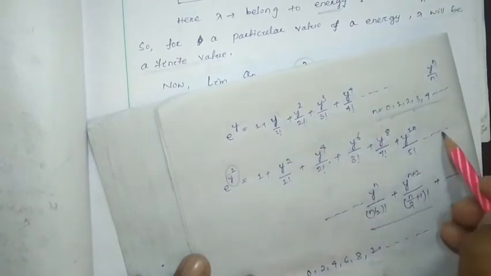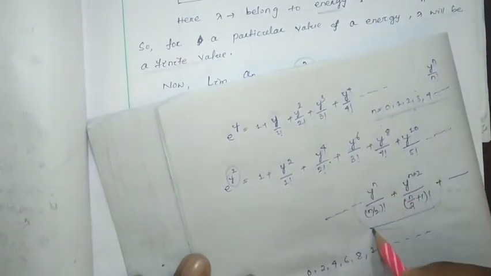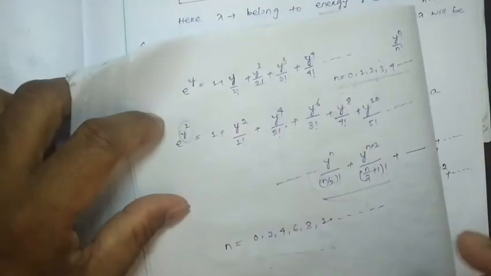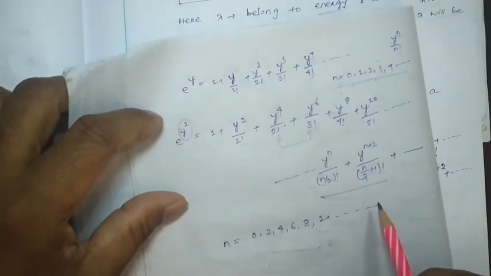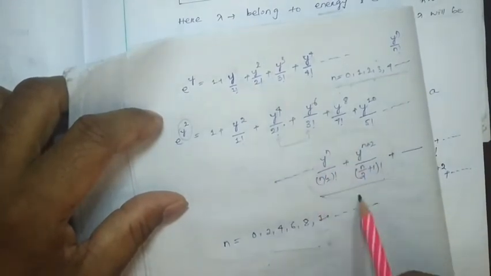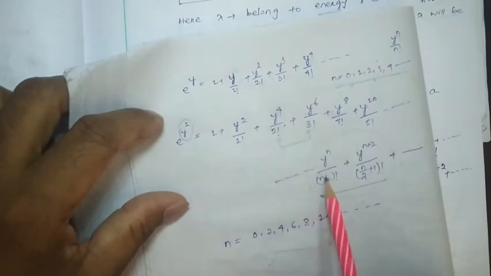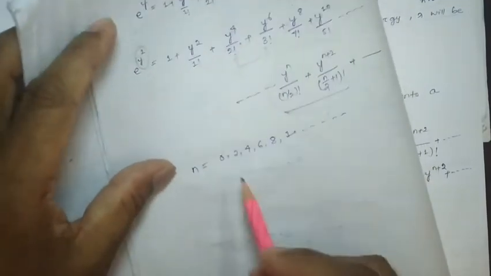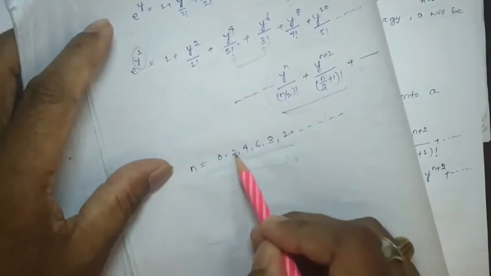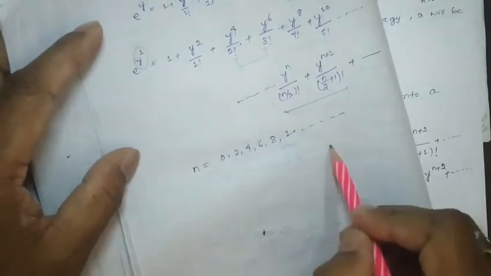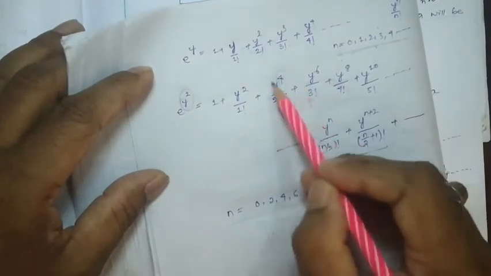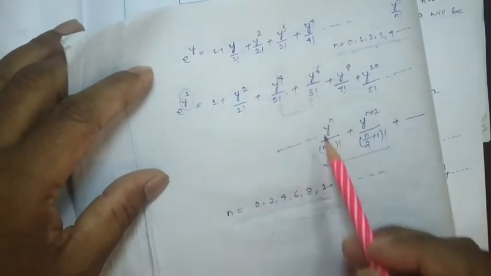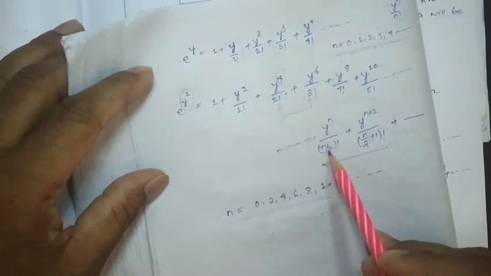So in generalized form, what are we going to write? You just see. Wherever we take two terms, it will be in this form. See, this term belongs to this one. Here n equal to 0, 2, 4, 6, 8, 10 like this. So here n is 4. So y to the power 4 and 4 by 2 is factorial.